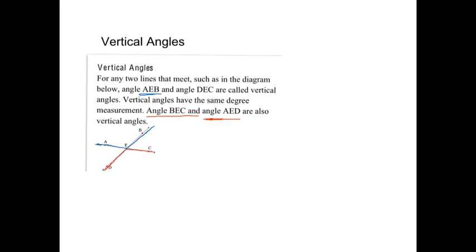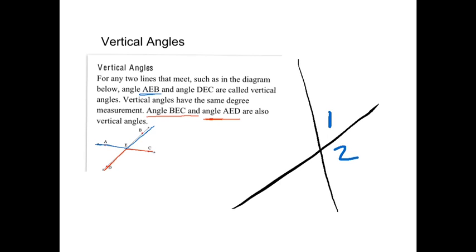So let's make a little bit larger drawing of an example of vertical angles. A lot of times you're going to see an X when you're starting to learn this, and we could have angles, and we're just going to number them in here as well: 1, 2, 3, and 4. Now we're basically looking for angles that are opposite each other.